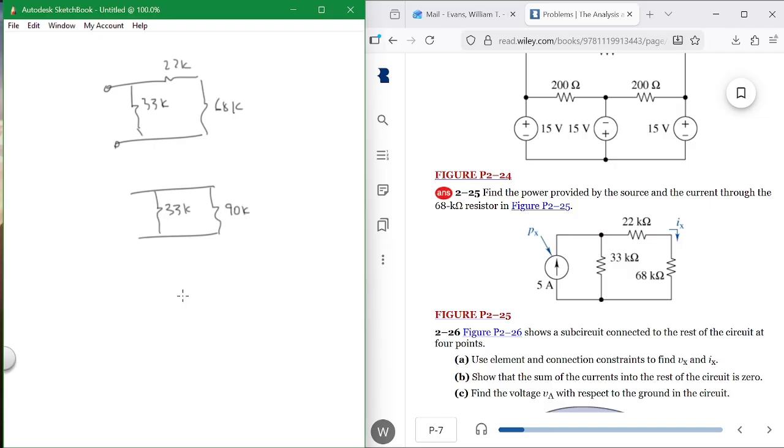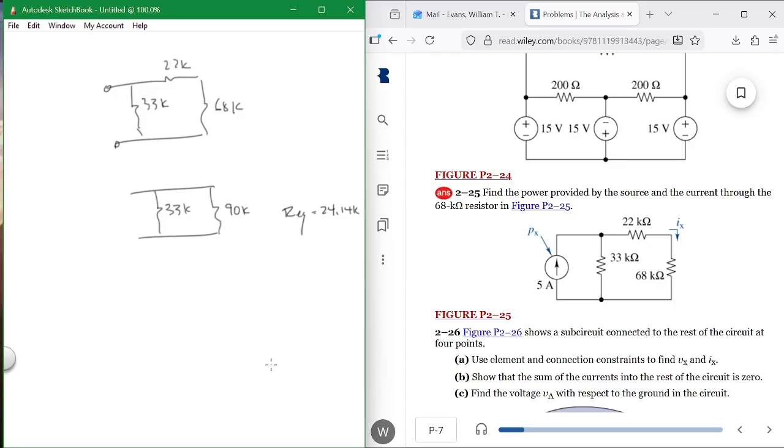Okay, that's whatever that is. And I get 24.146K. Okay, so my R equivalent is 24.14K. Anybody not get that? Y'all get that? Kinda? Maybe close?